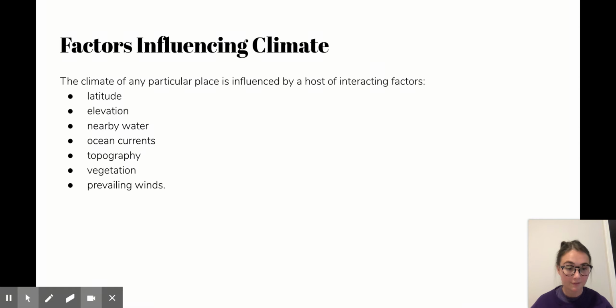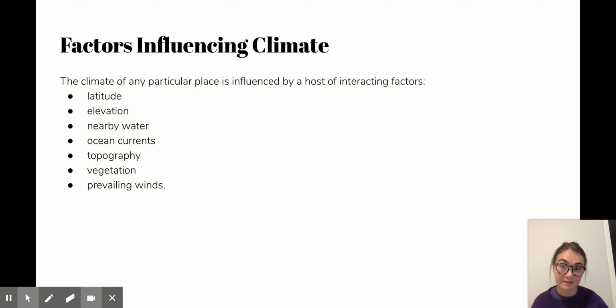Nearby water, that's pretty self-explanatory. Ocean currents: different types of ocean currents bring different temperatures and winds, so that's how that affects the climate. Topography is like, is the land flat? Is there a lot of rivers? Like the land forms on the land. Vegetation, so is it good for growing things?